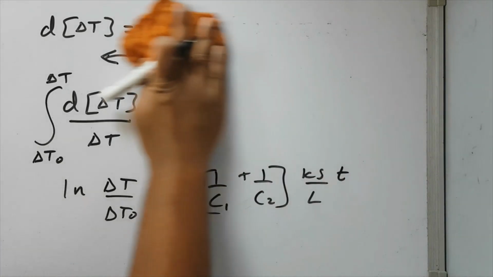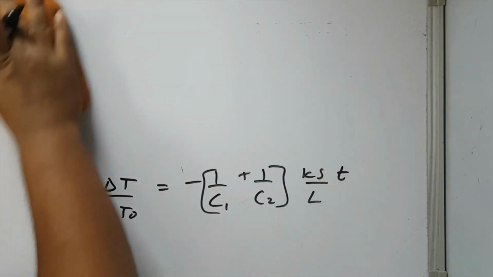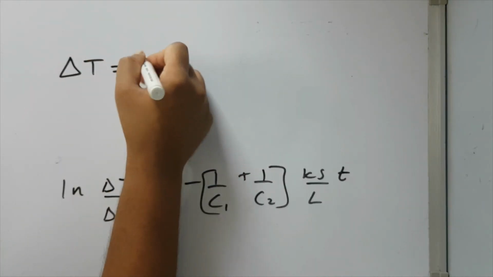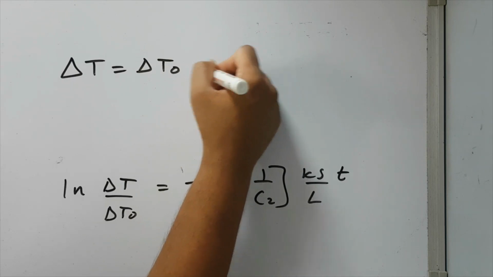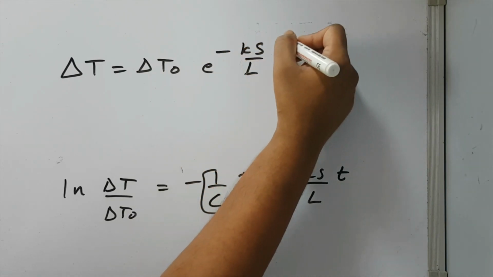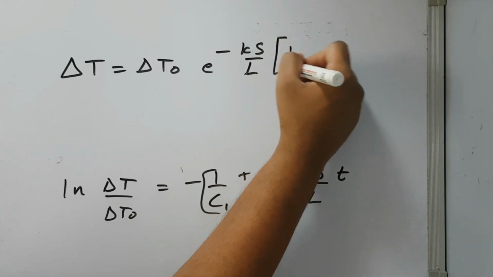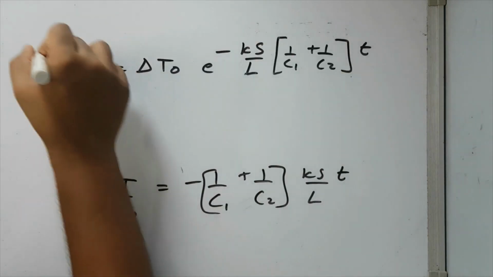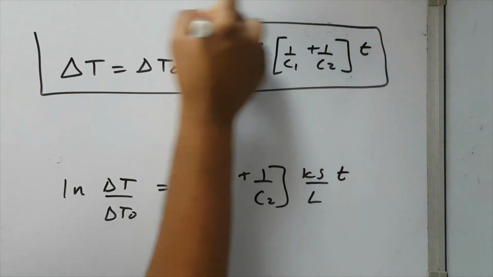So the final answer would be delta T is equal to delta T naught e raised to minus kS by L into 1 by C1 plus 1 by C2 times t. This is the final answer.